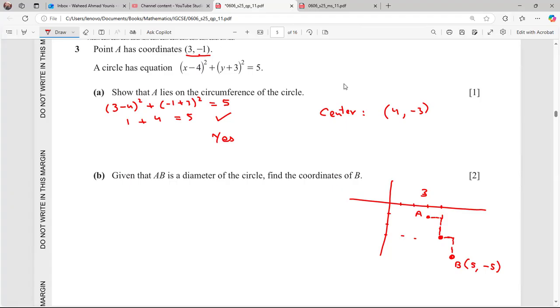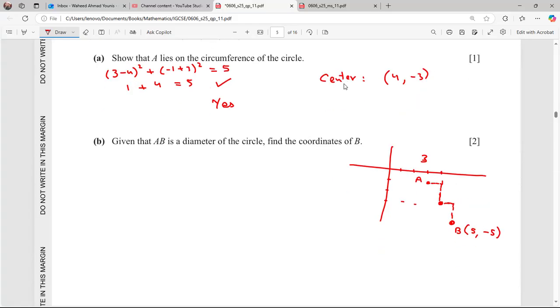Okay, so this we just did graphically or intuitively. Now let's try to do it algebraically. You see, A is known as 3, minus 1 and the center is at 4 and minus 3.